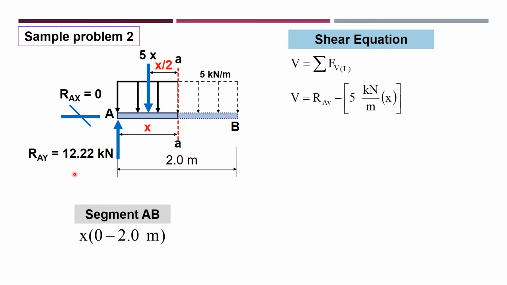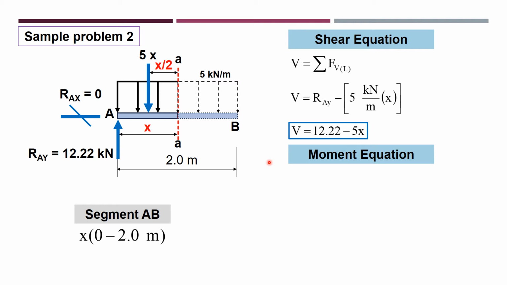So we have RAY minus 5x. Kasi itong 5 kilonewton per meter, minultiply natin ng distance x, which is in meters also, so that 5x is now in kilonewtons na. Kaya pwede nating i-add yung reaction na 12.22 doon sa 5x. And simplifying this, the shear equation for AB is V equals 12.22 minus 5x.